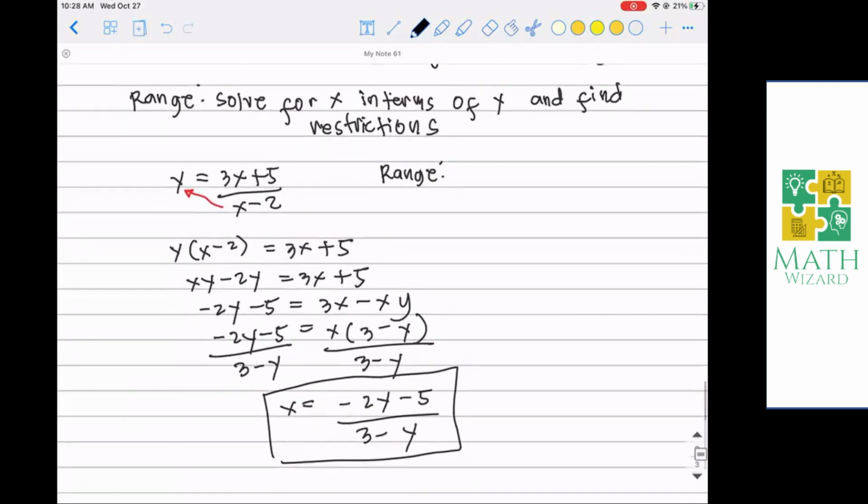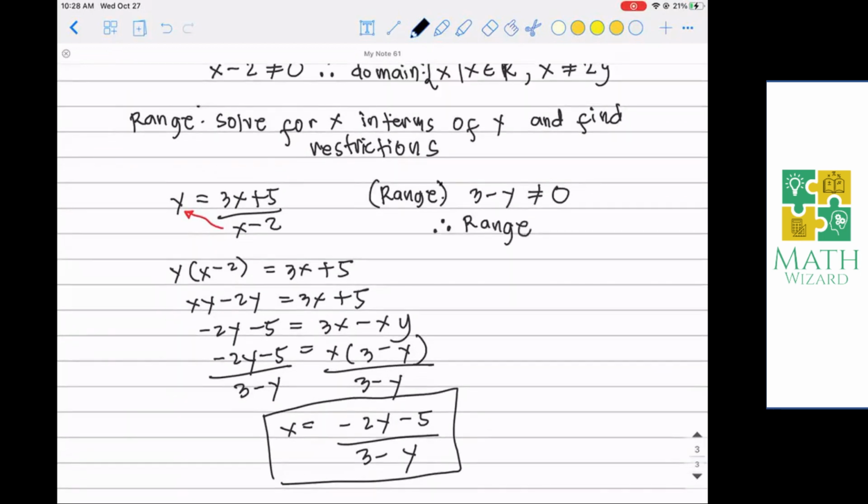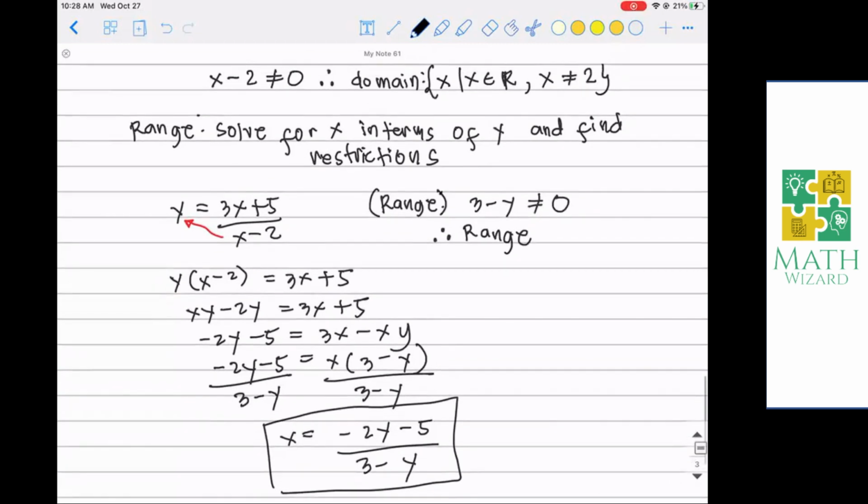Ang denominator natin ay 3 minus y and it should not be equal to 0. So therefore, ano magiging value ni range? Ano yung magiging value ni y para maging 0 yan? 3. So ibig sabihin y such that y is an element of R and the value of y should not be equal to 3. Okay?